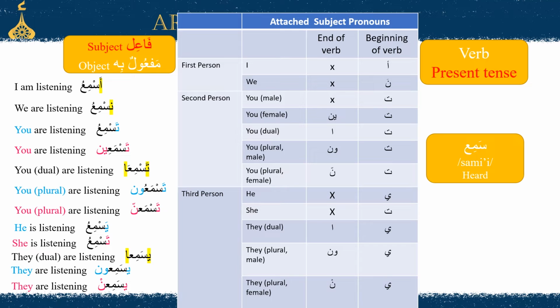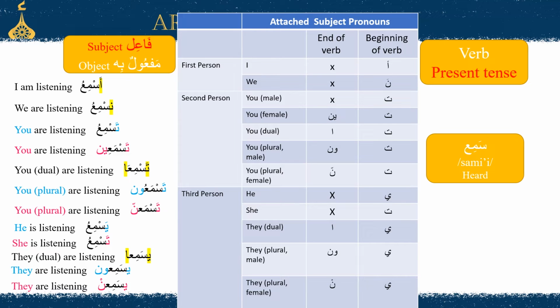You can notice when we're talking about the plurals. For example, we'll take the plural male form when we are talking to the second person you. So you guys. In Arabic it is tasma'un. But if we were to refer to a group of people that were the third person, meaning they're not here when we're talking, and we are referring to them, they are listening, it's the same pronoun at the end of the word.